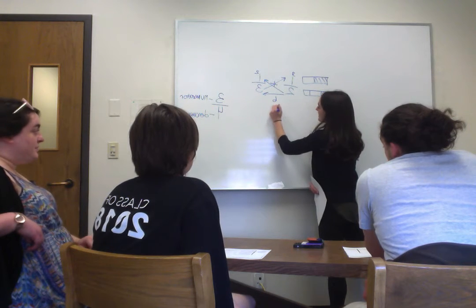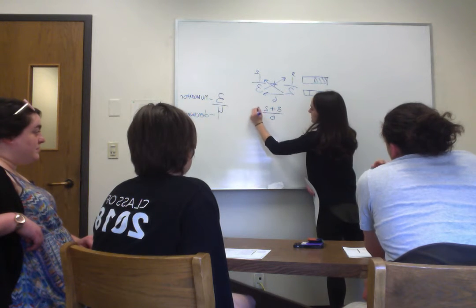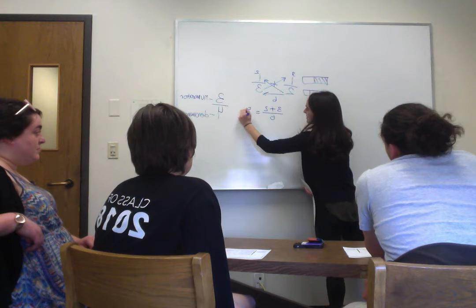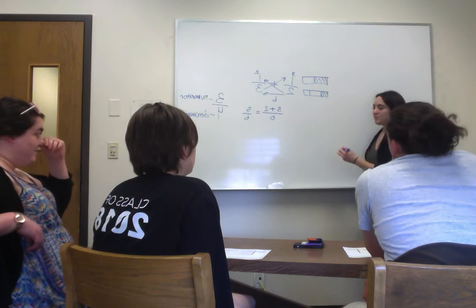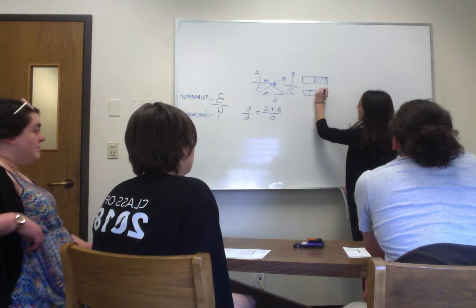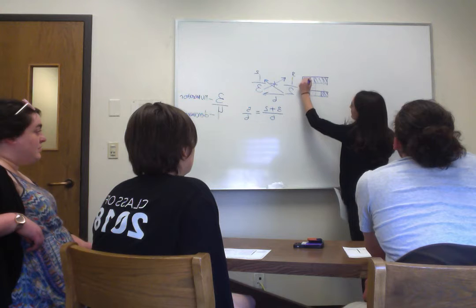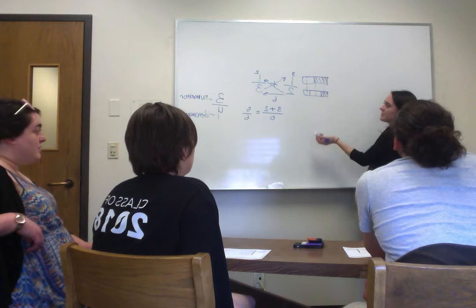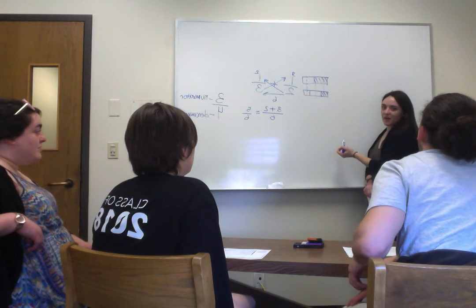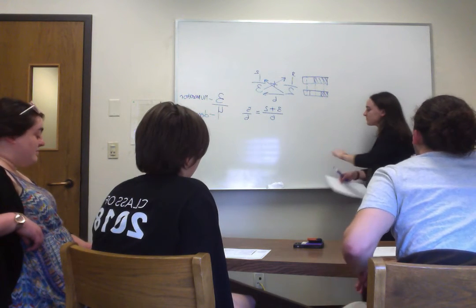So what we would get is we have 3 plus 2 over 6, which becomes 5 over 6. Now, if we divided this up into 6, we can see why that works. Like in our first example, we now have 5 shaded parts out of 6, which is the new fraction.